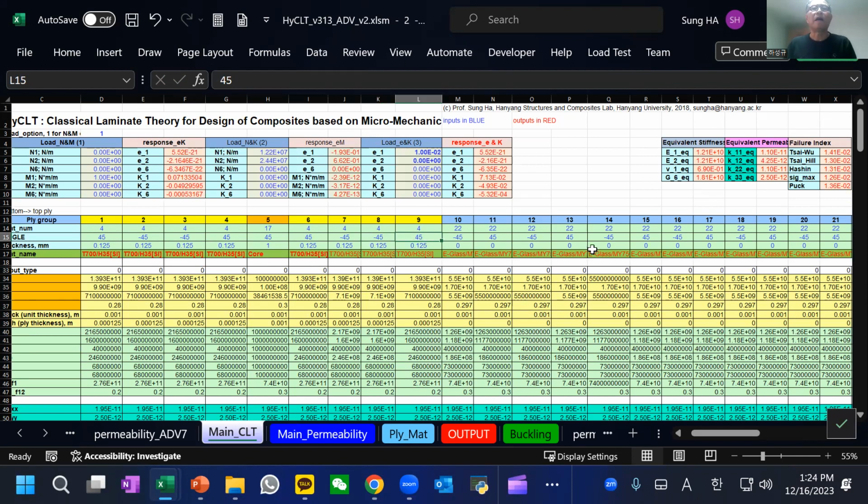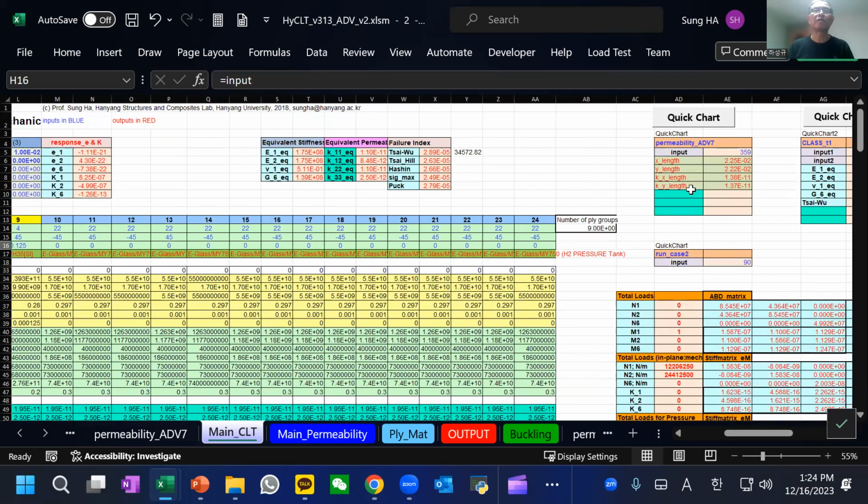Okay. Now, what we would like to do is understand the effect of a core. So let's consider this one as the variable input in the quick chart. In the quick chart, this is the input. And now let's say sandwich, I would say 1.